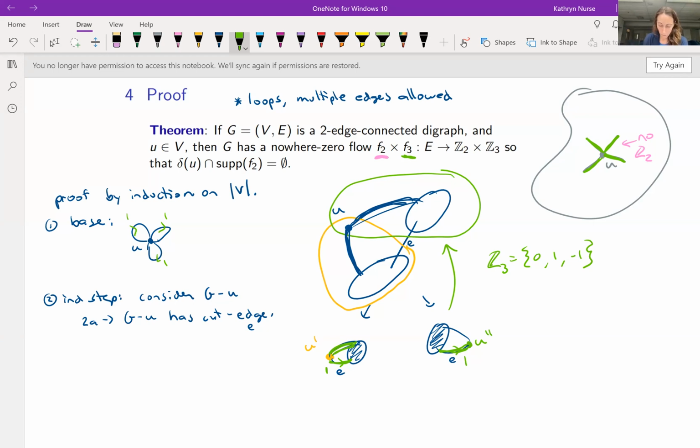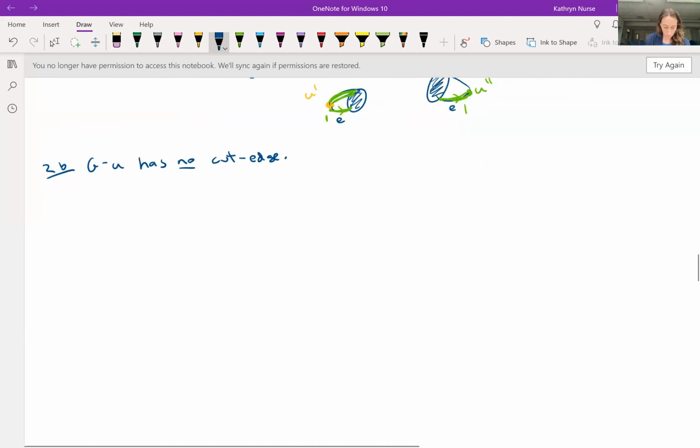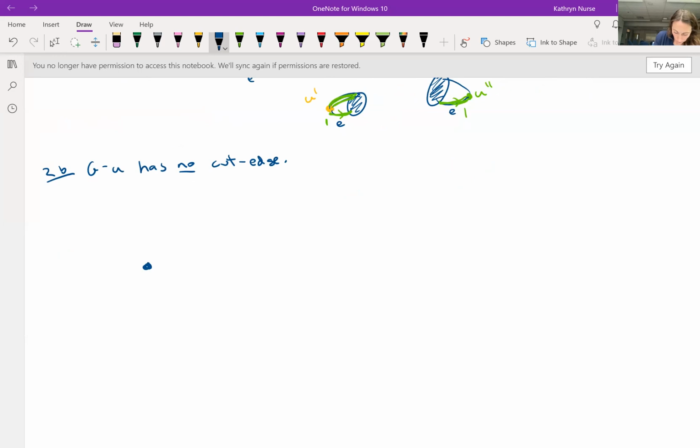Okay, and so now what we're going to do is assume that the graph G delete U doesn't have a cut edge. Okay, so I'll draw the graph. So we have our vertex U, and we have the rest of the graph.